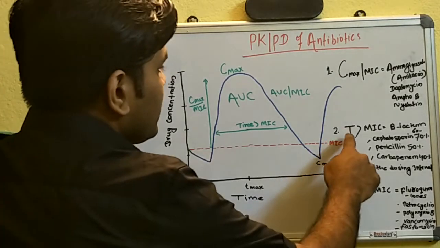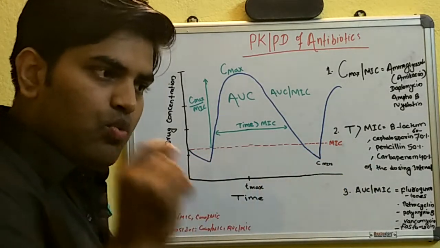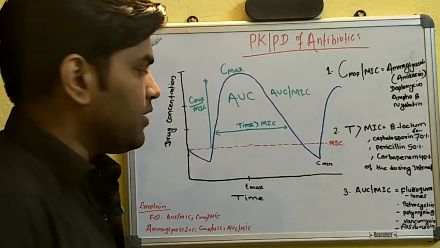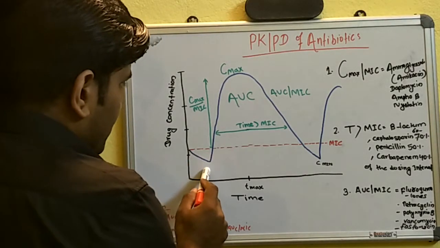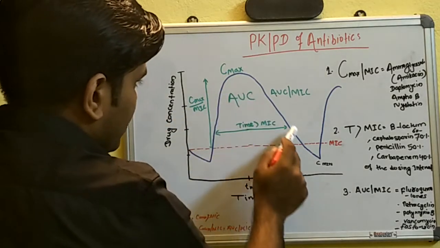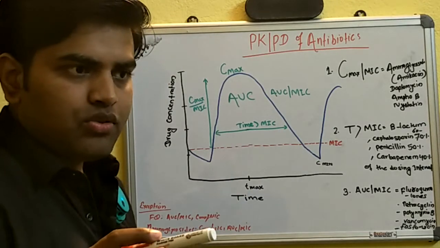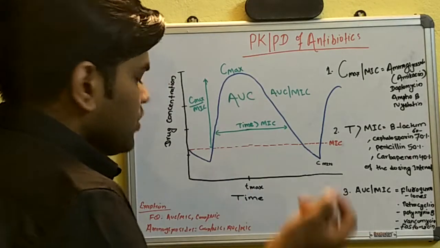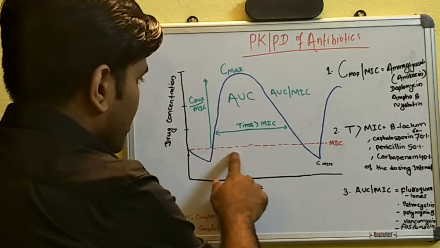Rather, the killing rate increases more when the concentration is maintained above MIC. When you give a drug, it enters the body, reaches a peak, and then finally goes down to its normal level. So when a drug enters the body, it has to achieve the MIC.